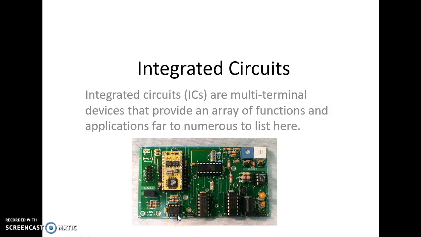Roughly, I'm not telling for any specific IC, but for your 741, around 36 transistors are there in this small chip. If you see a motherboard, there are millions of transistors in the chip. That is the capability of integration. With the help of this, the size is becoming smaller and smaller, and your device is becoming more powerful.